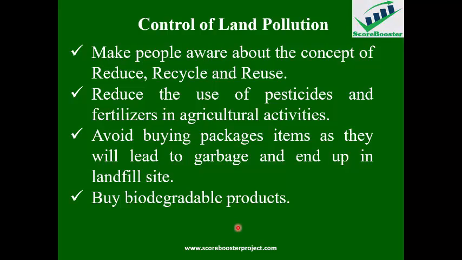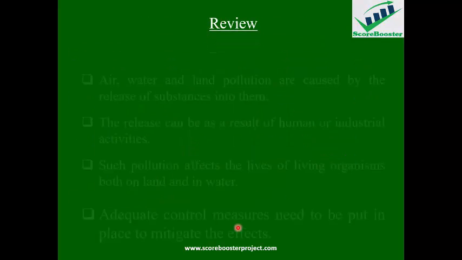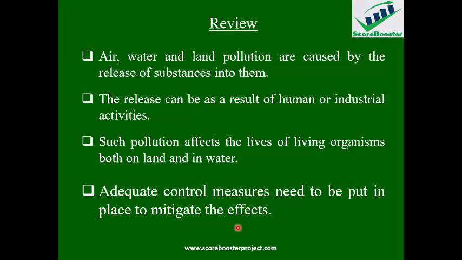But before we go, let us have a quick recap. Air, water, and land pollution are caused by the release of substances into them, and the release can be as a result of human or industrial activities like farming, industrial setups, mining, even recreation, sometimes construction of roads, dams, drainages, all can cause pollution, depending on how it is being done.